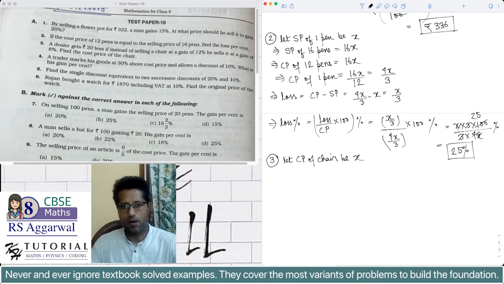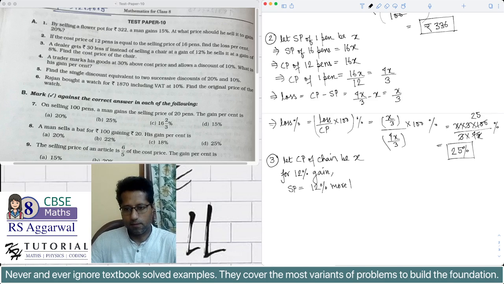So let's see what will be the selling price if there is a gain of 12%. So for 12% gain, the selling price has to be equal to 12% more than CP. This is equal to 12% more means 100 plus 12% of CP, where CP we have assumed to be x.